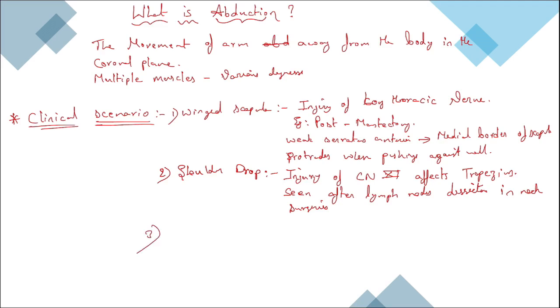Third one, we can see some deltoid atrophy also. This deltoid atrophy happens because of injury of the axillary nerve.